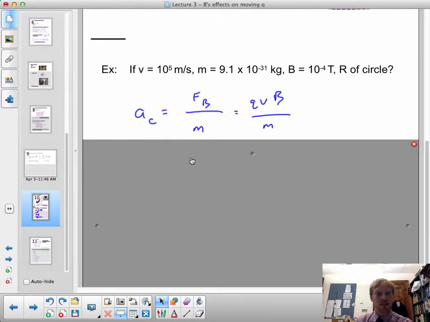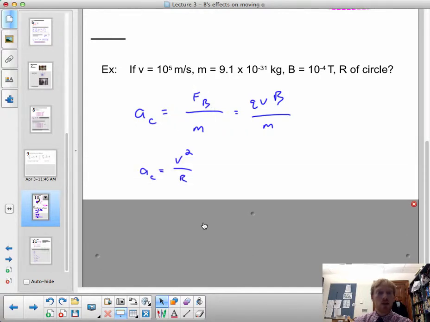The centripetal acceleration is equal to the magnetic force divided by the mass of the object. That's Newton's second law. But we also know that the centripetal acceleration is the velocity of the uniform circular motion squared divided by the radius.